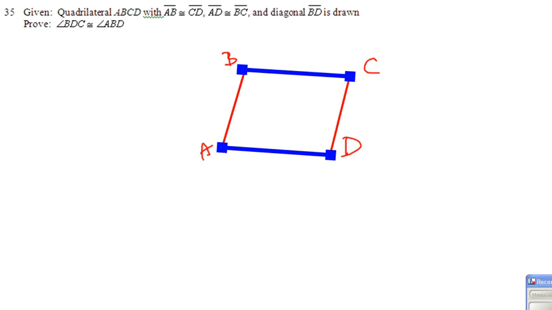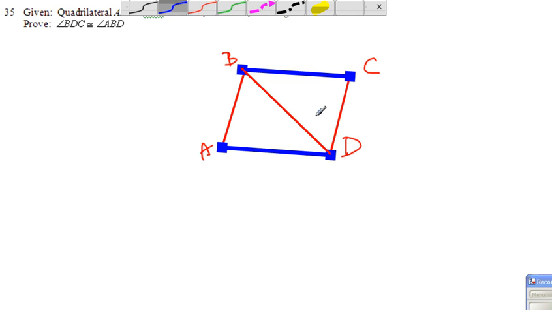Now, diagonal BD is drawn. Now, we need to prove that angle BDC and ABD must be congruent.